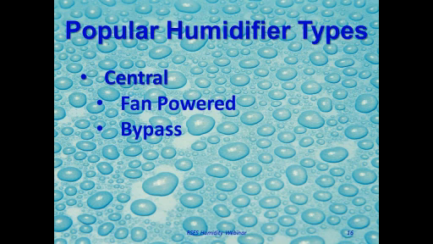A bypass humidifier is almost the same as fan powered, but it will use the air handler or furnace fan to actually create the pressure drop that it needs to force air through the media. So there's no internal fan required for a bypass humidifier. It just uses your system fan to produce moist air.